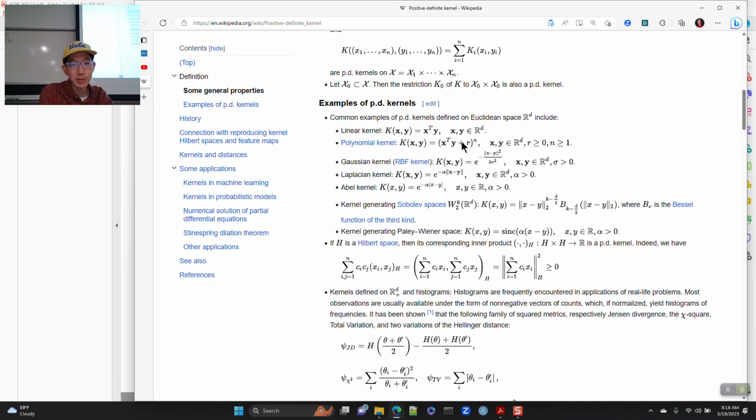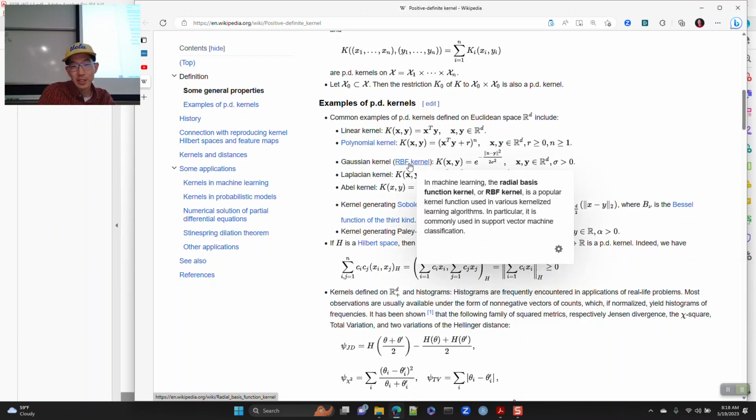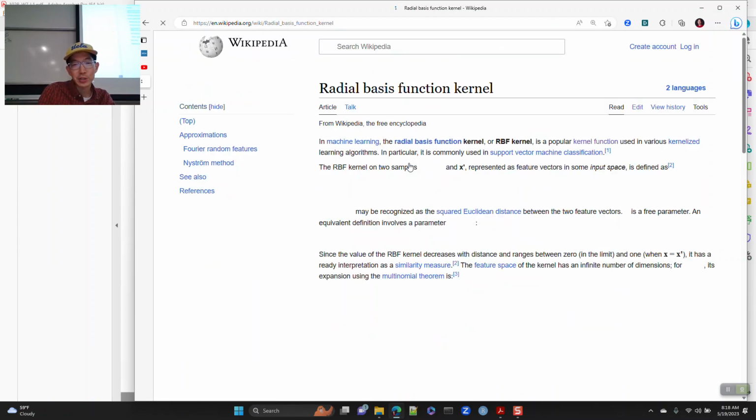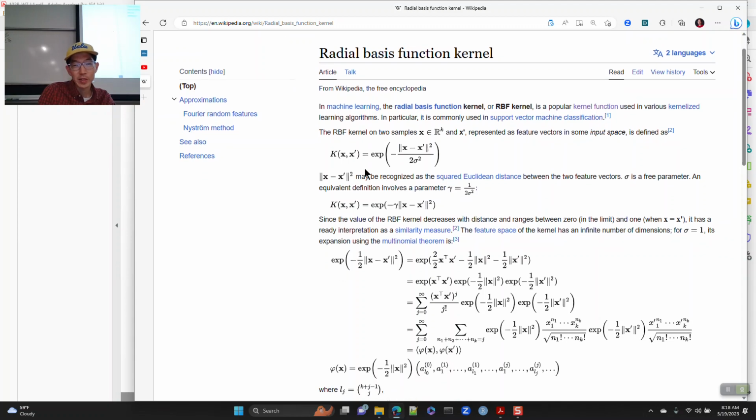Then we also have the Gaussian kernel, or the radial basis function kernel. This one says, if you have two points, x and x prime, or in our case xm and xn, you take the difference between them, square it, divide by this, and then raise e to this thing. This is very similar to the normal PDF, there are common elements here.